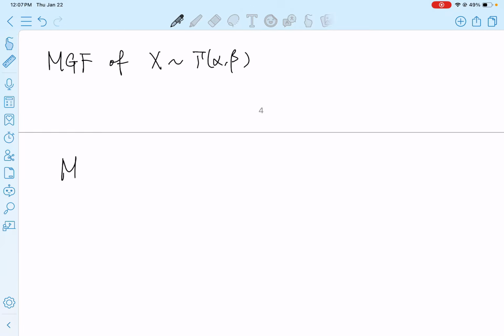So we have the name for x, which is a function of t. By the definition, it is the expected value of e raised to the power of tx.